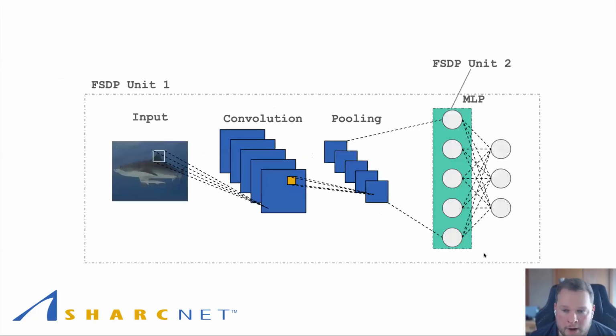So really, our picture looks more like this. We have Unit 1 encompassing the entire model except for this layer, and then Unit 2 is that layer. So you can see how you might want to work on being more clever with how you're wrapping your model in FSDP units, because in this case, we're jumping to Unit 2 and then having to reload Unit 1 again after to do the final layer.